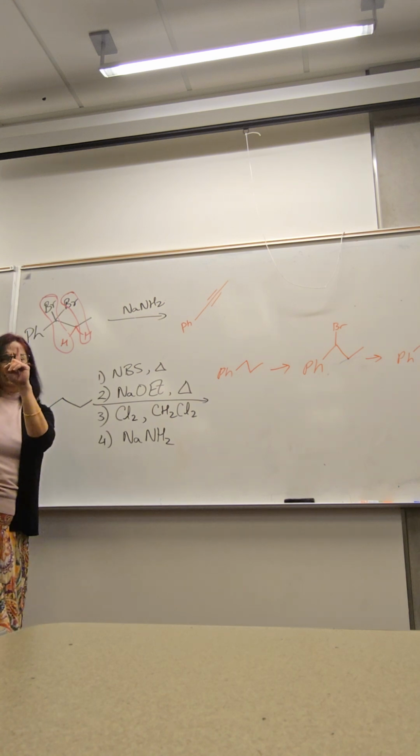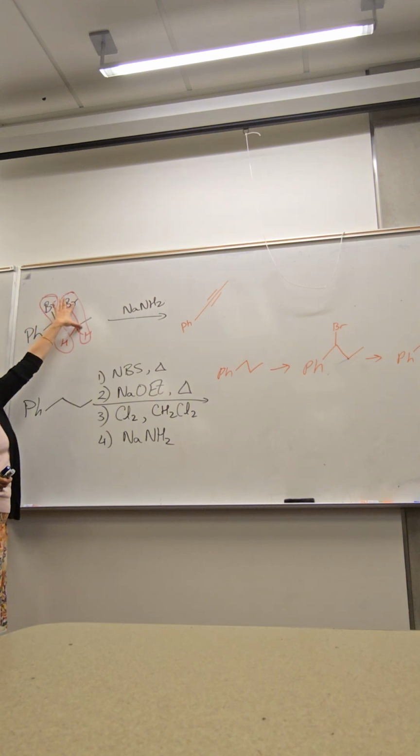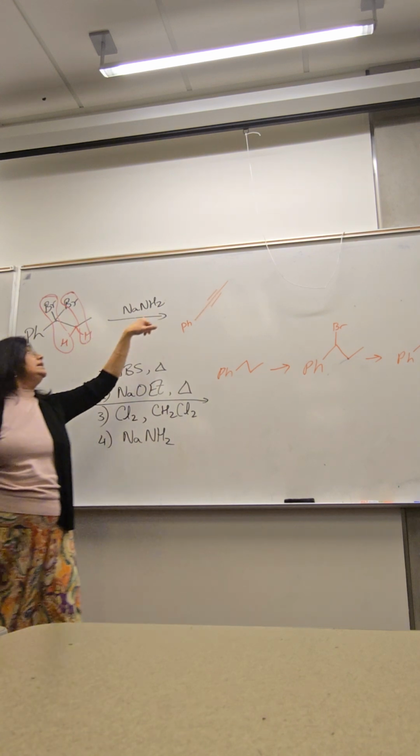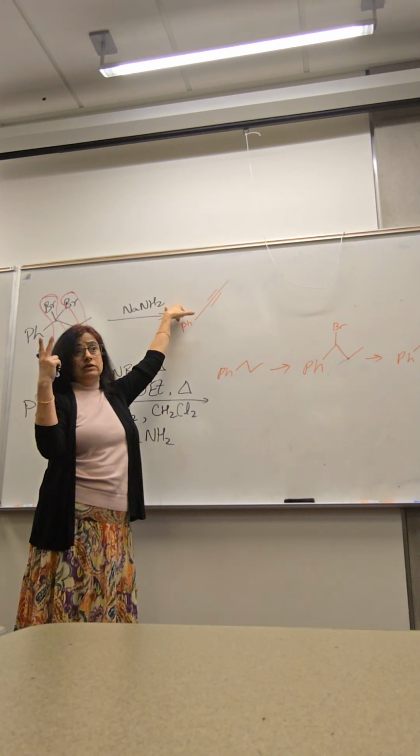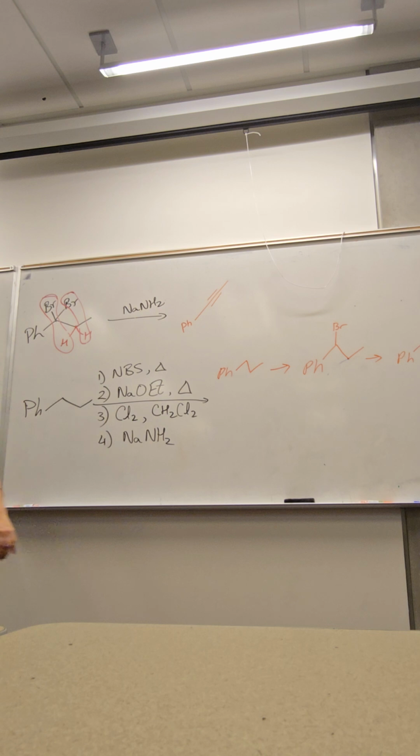Because each equivalent of base does one E2 and creates one pi bond, so since we're doing two E2s, we need a minimum of two equivalents. Everybody following that? Okay, cool. Let's try this. What will we get here? 1,2-dibromobutane. Everybody agrees? Yes.